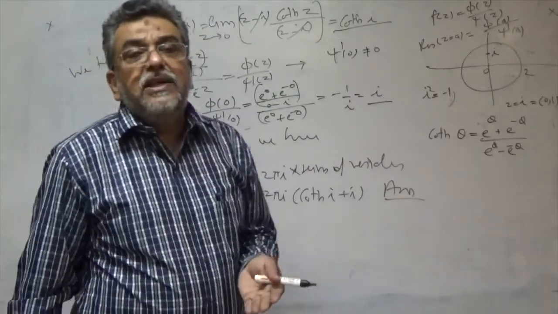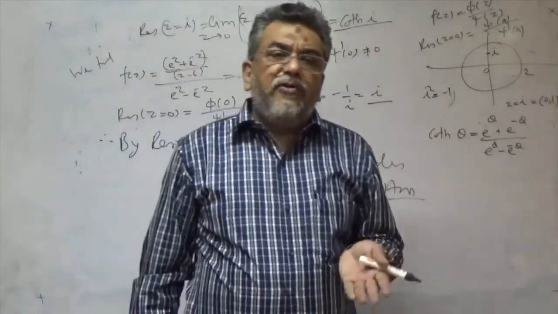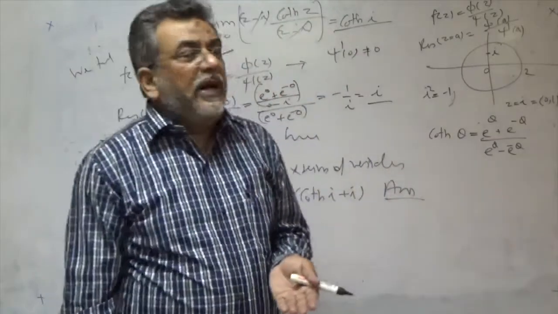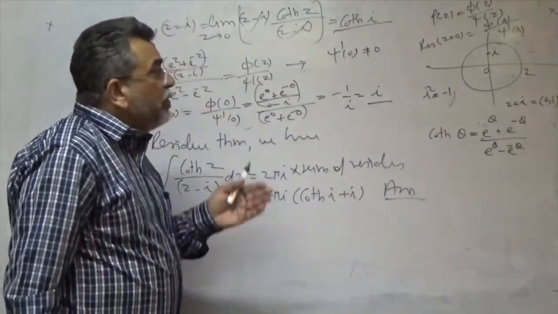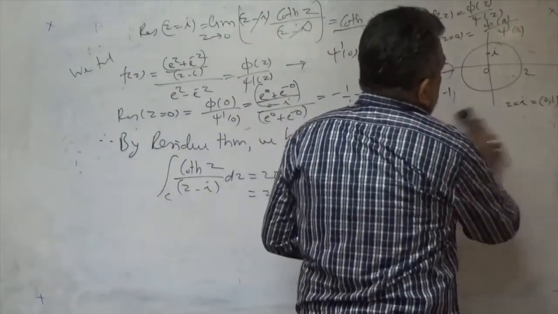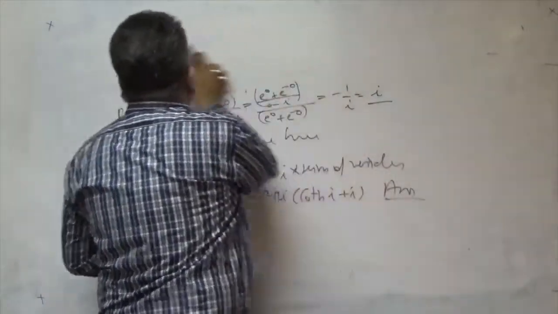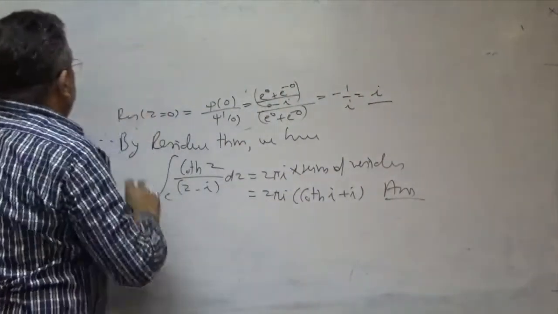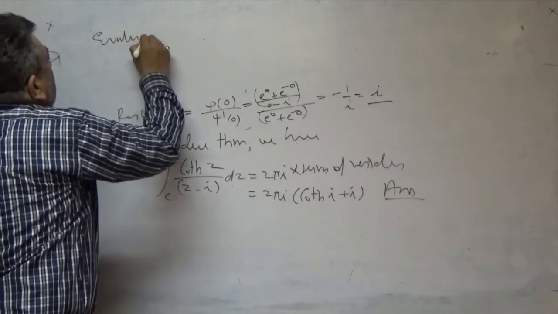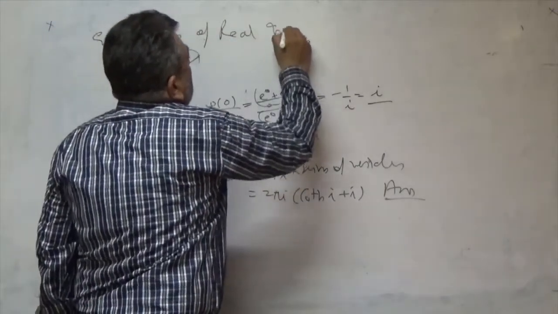In second case, if we have the real integrals in form of trigonometrical form, sin theta, cos theta, or algebraic form, rational form, those integrals can also be solved by the help of residue theorem. Second case may be evaluation of real integrals.